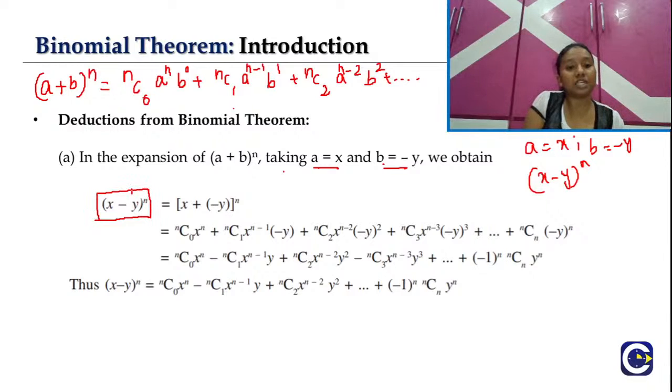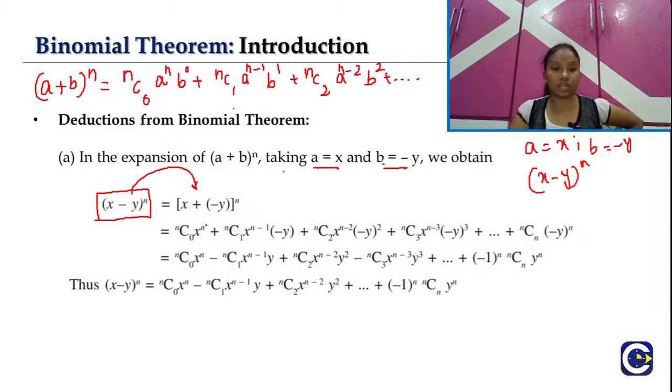So the substitution term will be looking like this, (x minus y) whole power n. This can be rewritten in the form of (x plus minus y) whole power n, just like how we solved our previous question. Then it will be nC0, the first coefficient, x power n. Then nC1 x power n minus 1 times minus y power 1, so it will be minus y.